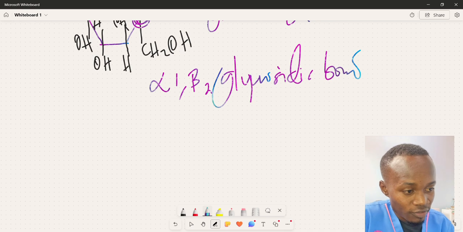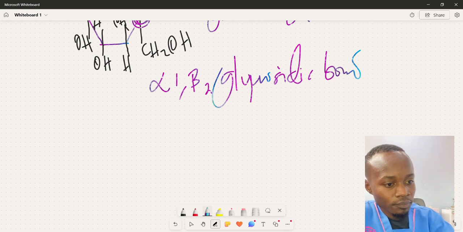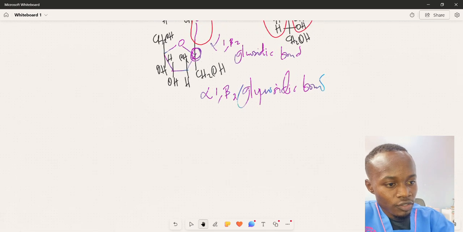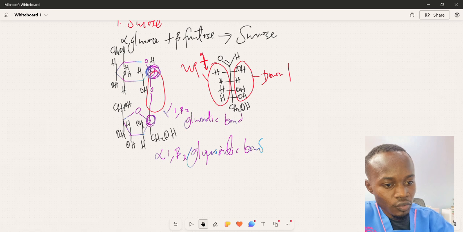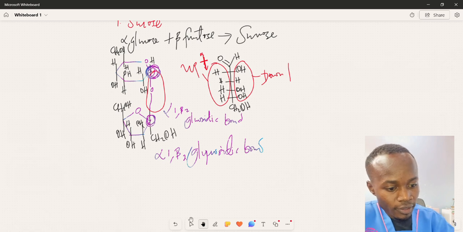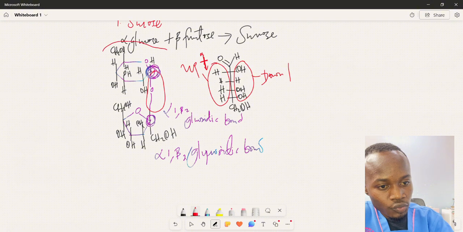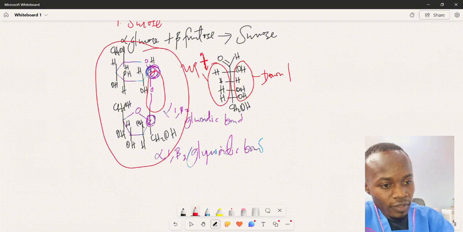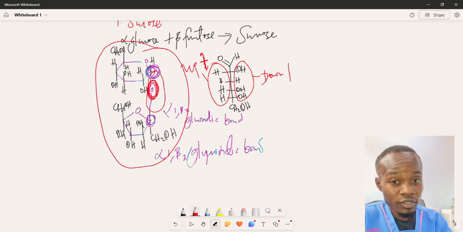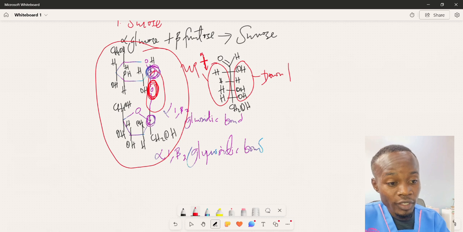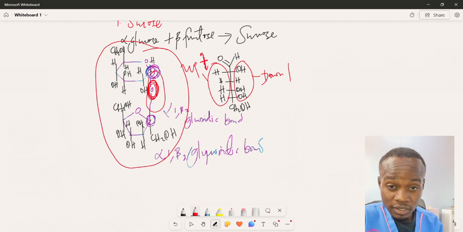Yeah, so as we have said, there are these two here, these two. Yeah, so this one combines these two. Yeah, these two, this structure here, they combine, and this is the O bond. Yeah, glycosidic O bond is formed due to the process of dehydration. During dehydration, water molecule is taken out.